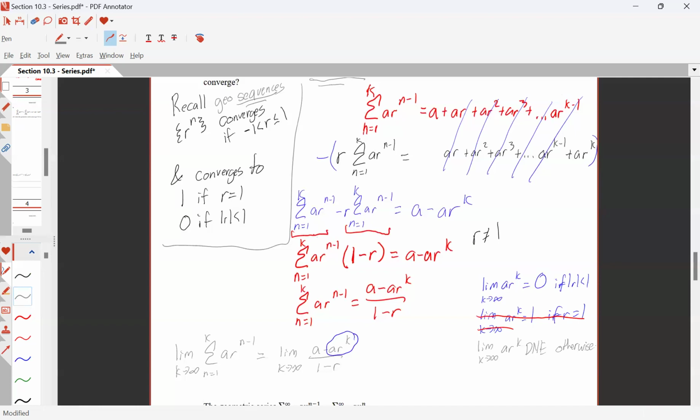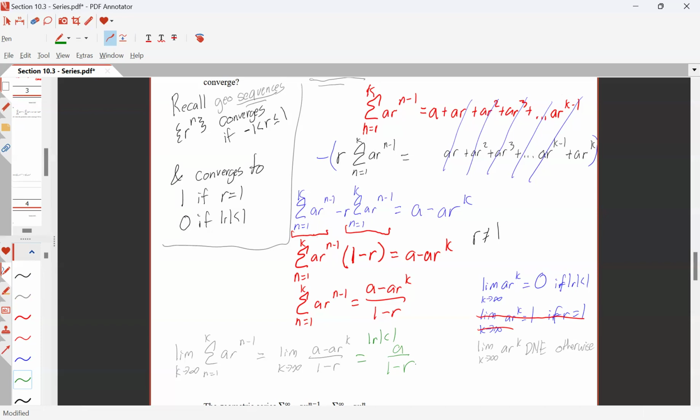So this limit only exists when the absolute value of r is less than 1. And if the absolute value of r is less than 1, this circled term goes to 0 because the limit of a r to the k equals 0 in that case. So this will equal a over 1 minus r when the absolute value of r is less than 1.